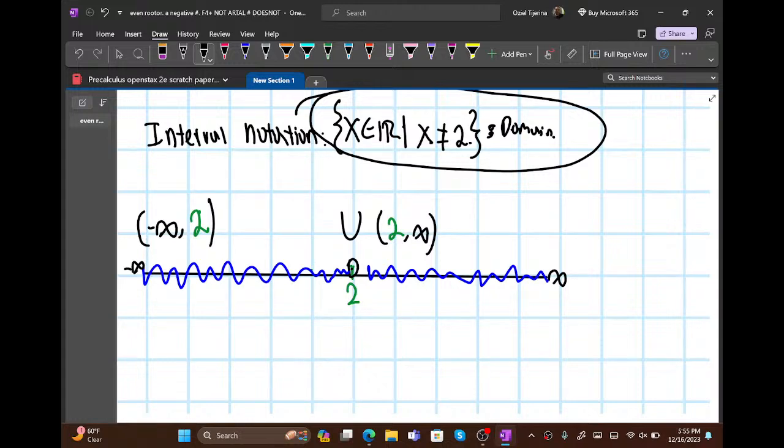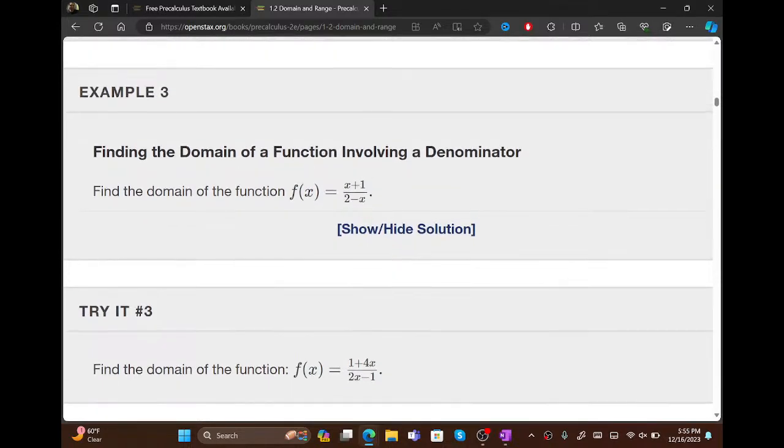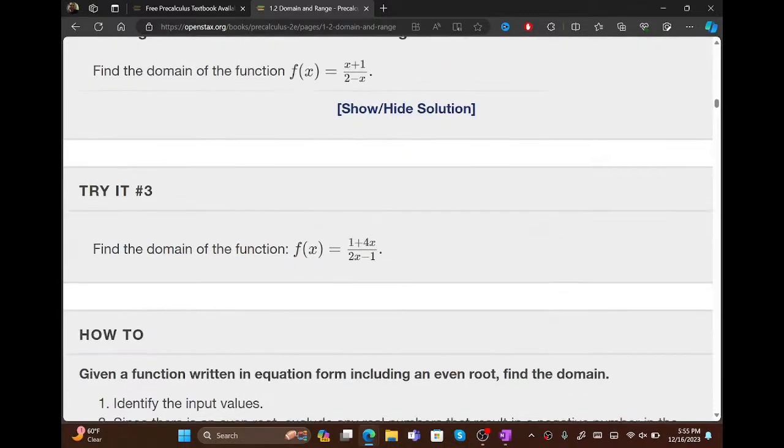It basically means that you're taking two intervals, kind of, and you're bringing them together for one domain or range. So that would be the domain for that one.